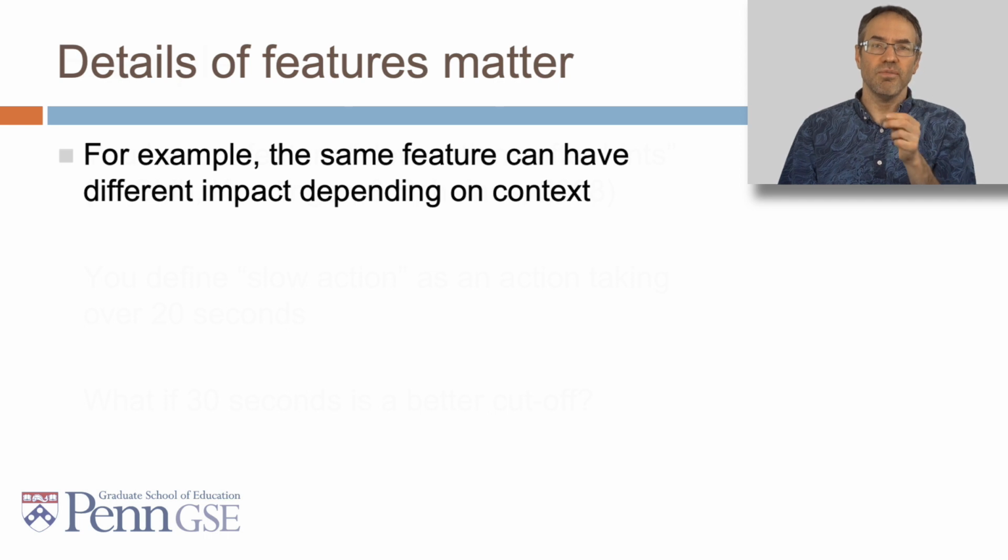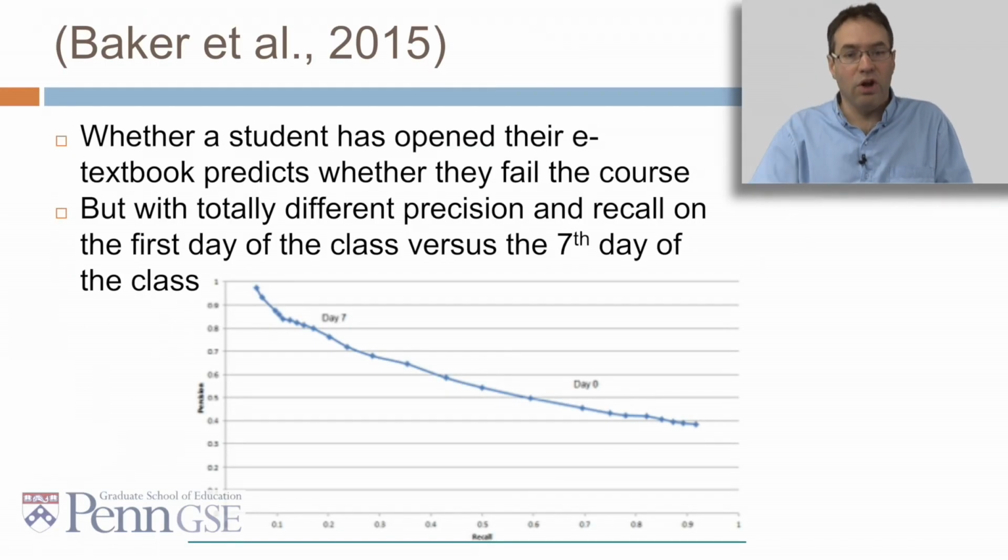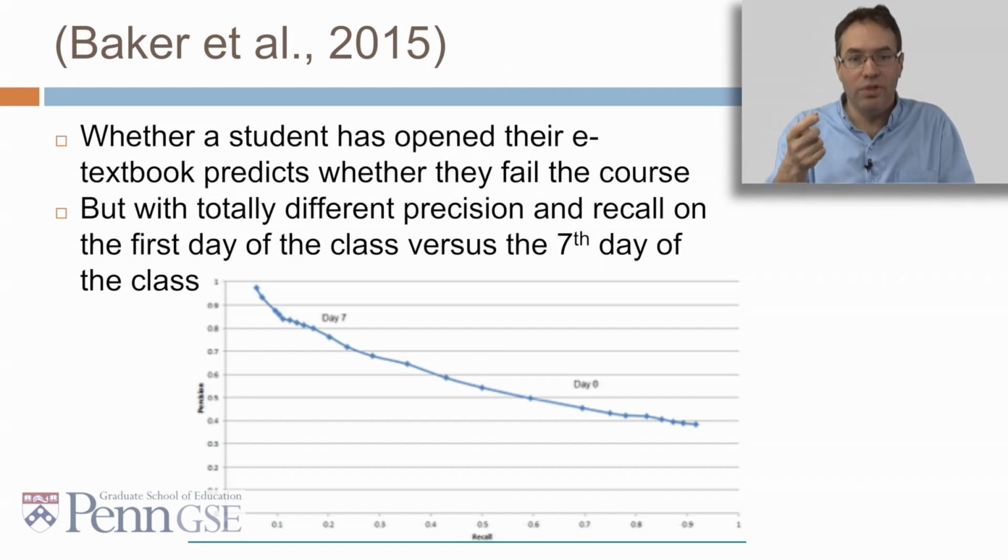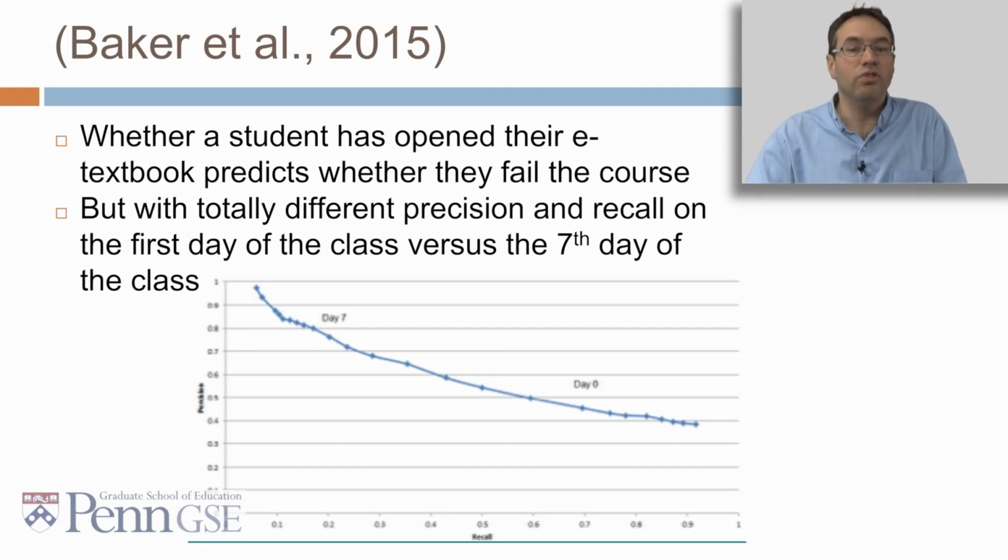For example, the same feature can have a different impact depending on the context. Take this example from Baker et al. 2015. We can take the simple feature of, has the student opened their online textbook? Seems very straightforward. But in fact, whether a student has opened their e-textbook predicts whether they fail their course, but with totally different precision and recall on the first day of class versus the 7th day of class.